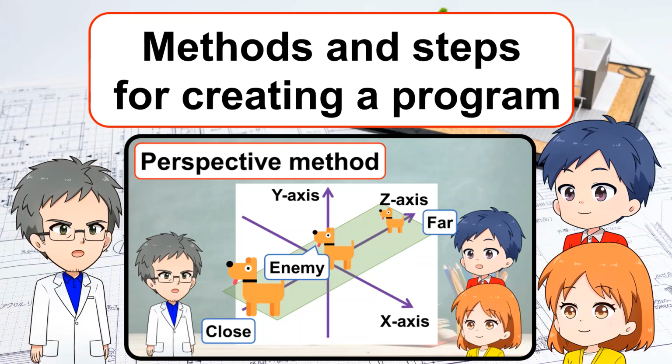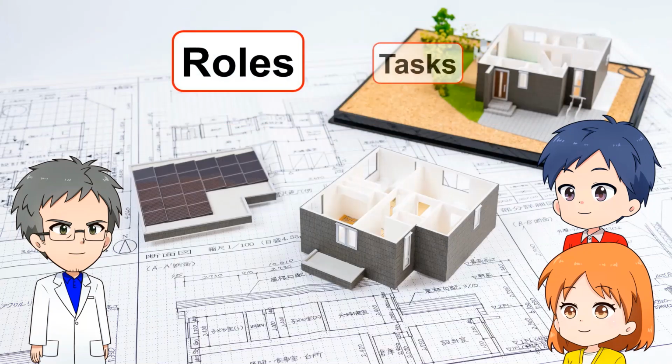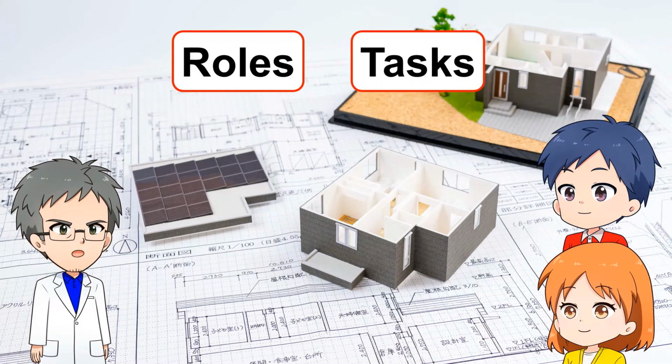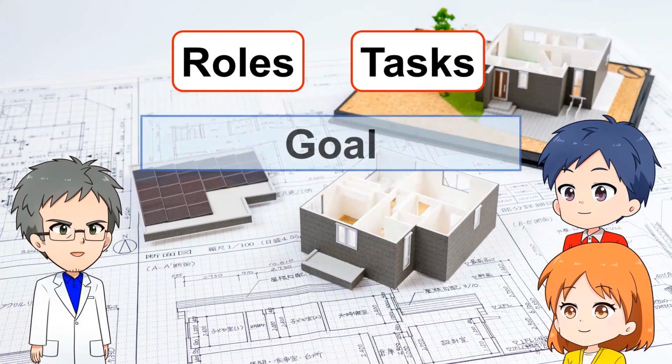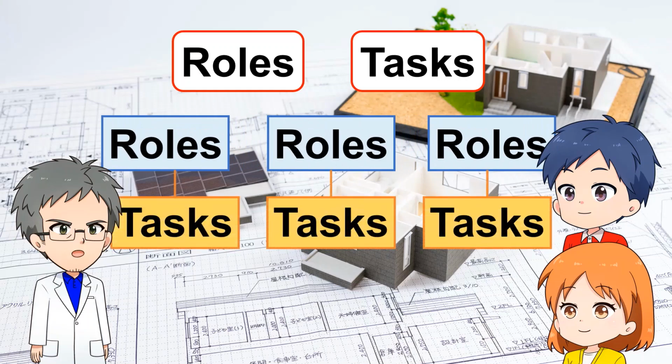I try to keep the explanation short. It just takes time to make sure there are no misunderstandings, right? It's an important step to make sure there are no mistakes in the design. We divide the design into 2 stages so that we don't have to think about roles and tasks at the same time. By dividing the work with different levels into 2 stages, you can avoid mistakes and errors. I get it.